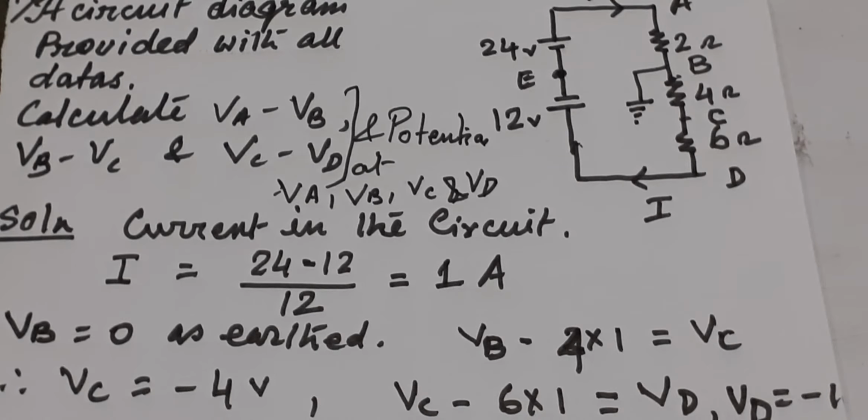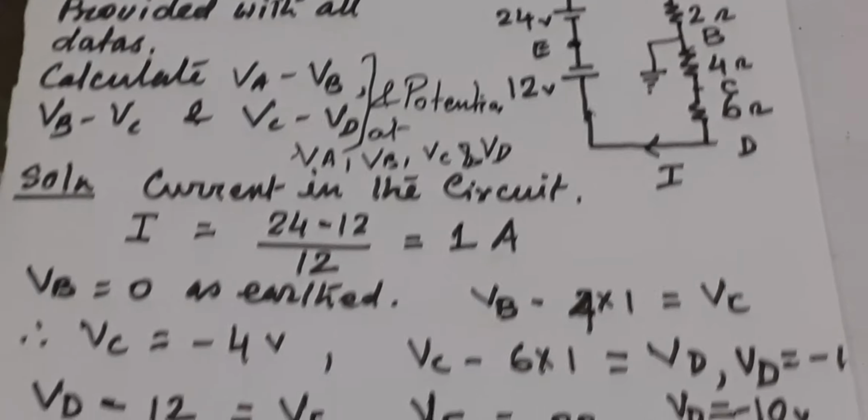Potential at B will be 0. You start from here, that will give you much comfort. VB minus drop 4 into 1 equals VC. You know VB is 0, that means VC will come minus 4 volt.